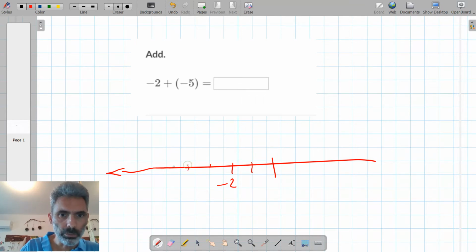So 1, 2, 3, 4, 5 steps. So this is -3, -4, -5, -6, -7. So we end up at -7.